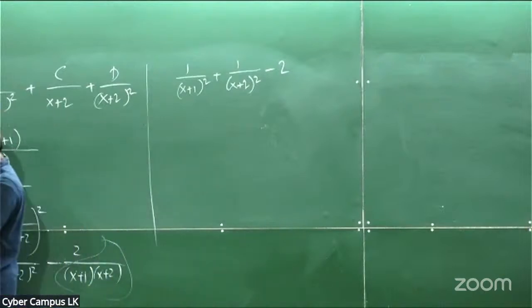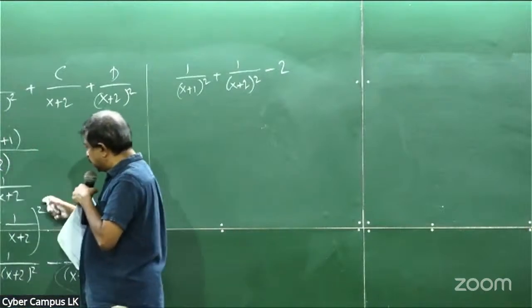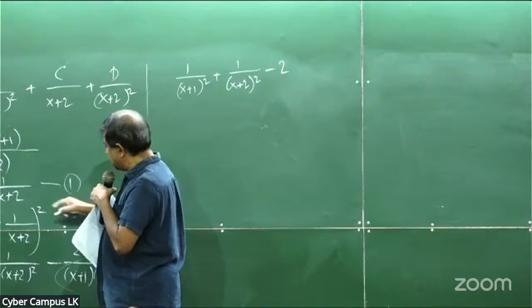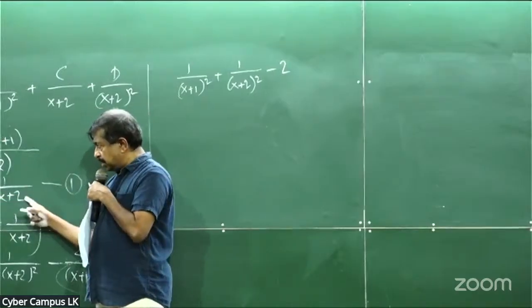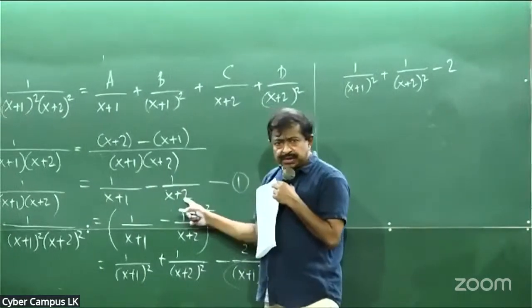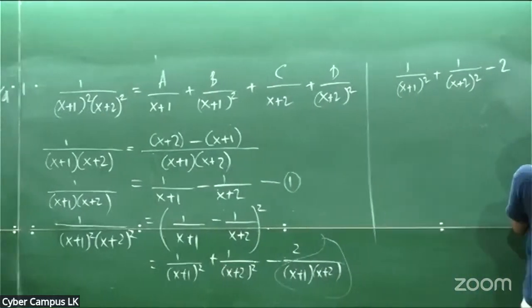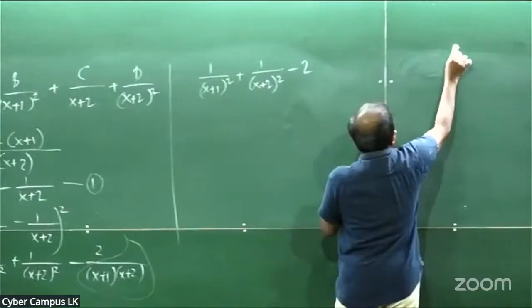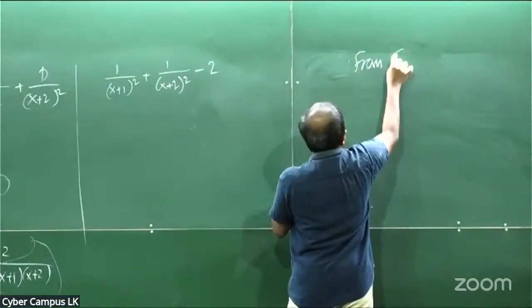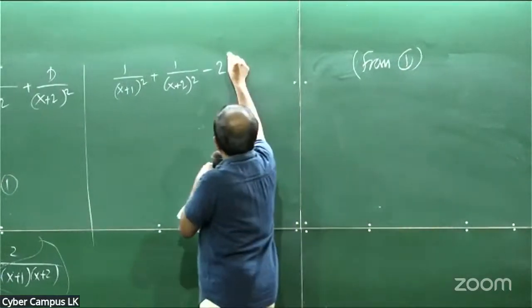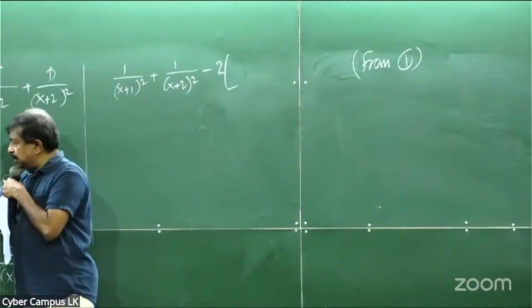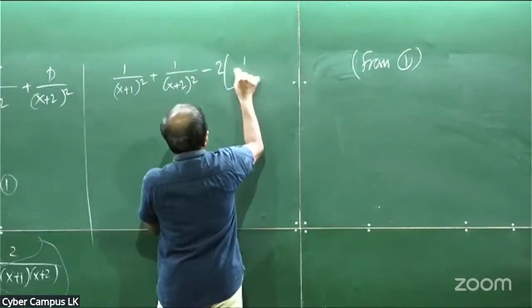1 over x plus 1 times x plus 2 can be expressed as partial fractions like this. So from 1, this is simply 1 over x plus 1.